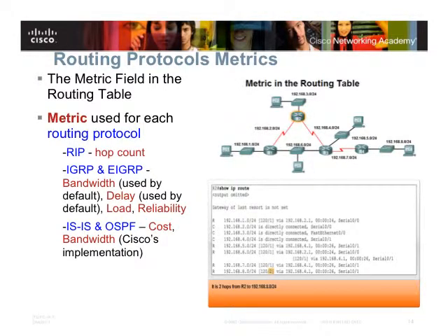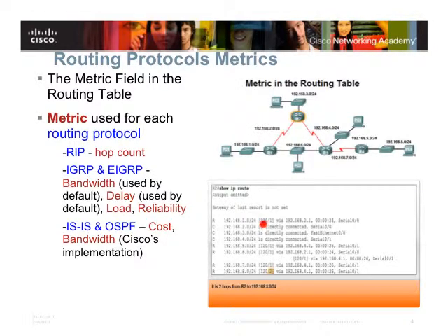Okay? So in the routing table, this is how it looks like. For each network, we have the destination address. This is the destination address with the subnet mask to indicate the network address versus the host part. Where is the network part and where is the host part? Okay.